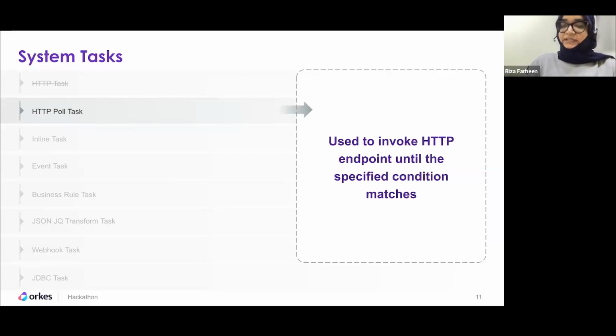If this condition evaluates to true, your HTTP poll task is completed. If it is false, Conductor will schedule the HTTP task to poll at another interval. The polling interval and the polling timeout, etc., can also be configured as input parameters to the HTTP task.